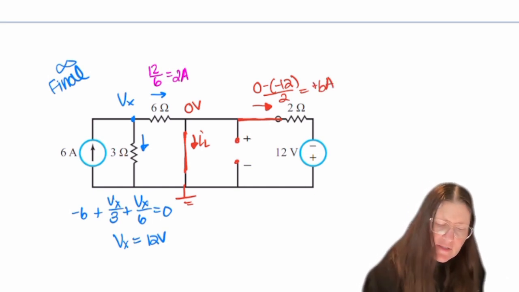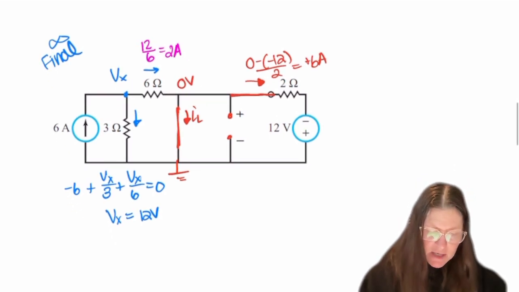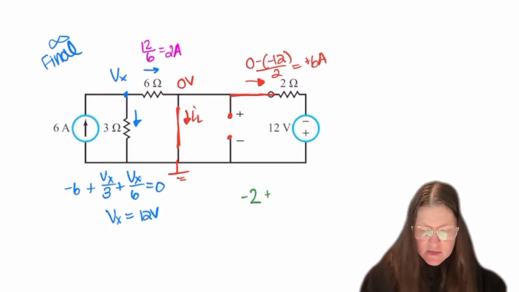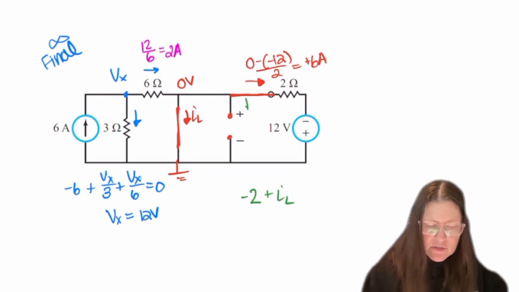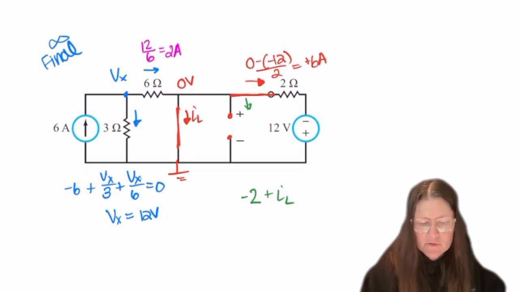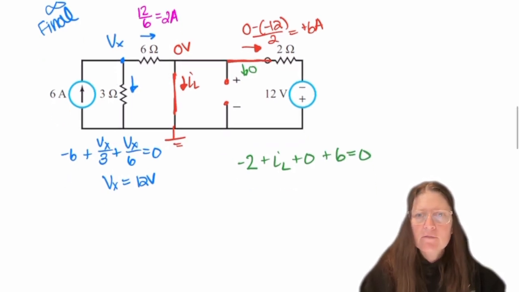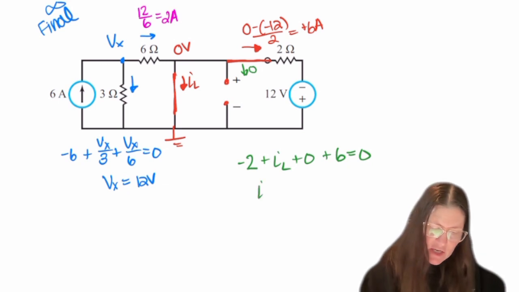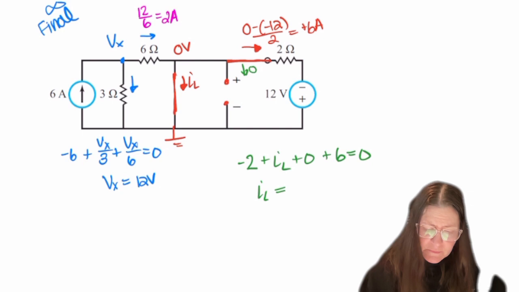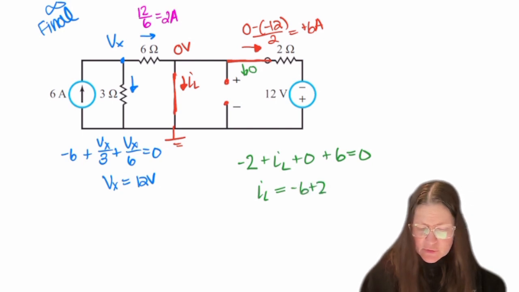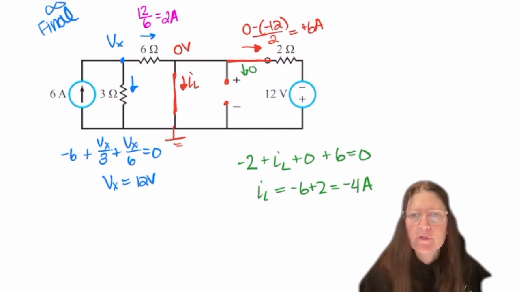So my current summation here is going to be a -2 going in, IL going out, this is 0, and then a 6 amp also going out. So I have this equation, and IL then is going to be -6 plus 2, so a -4 amps will be my final value for this.